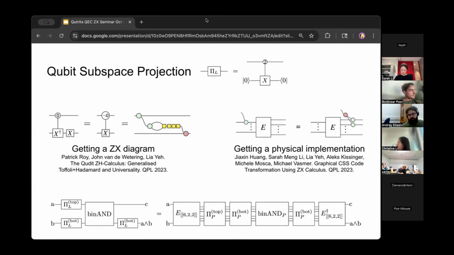Oh, I see. Yes, I think it's reasonable to think that maybe for a portion of the logical qutrits you care about all three levels, and then for another portion you care only about the first two levels.